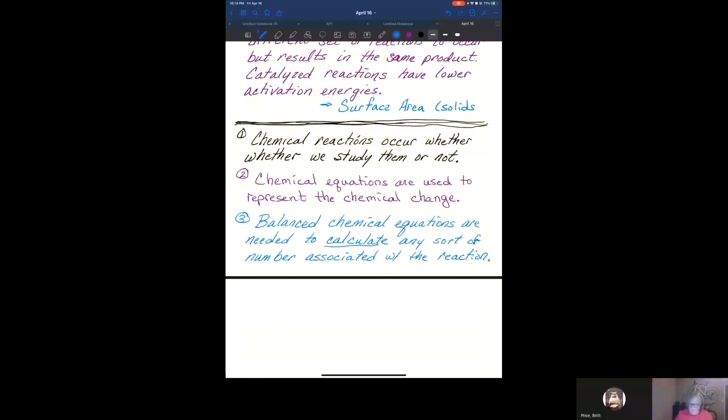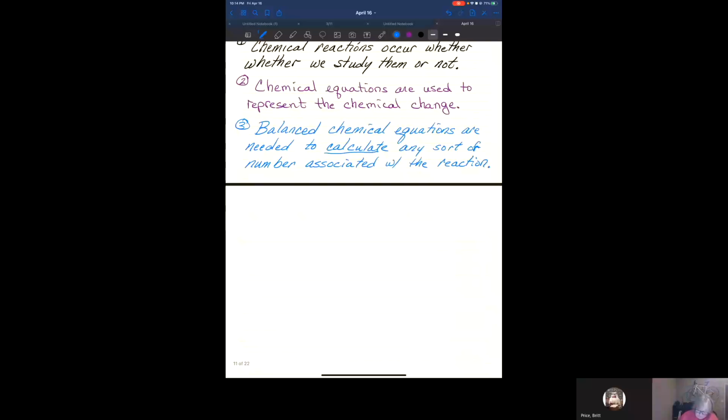When we balance these chemical equations, there are a couple of things that we're going to be looking at making sure we have. The balanced chemical equation ensures that the reaction follows the law of conservation of mass, or the law of conservation of matter. Coefficients are multipliers.